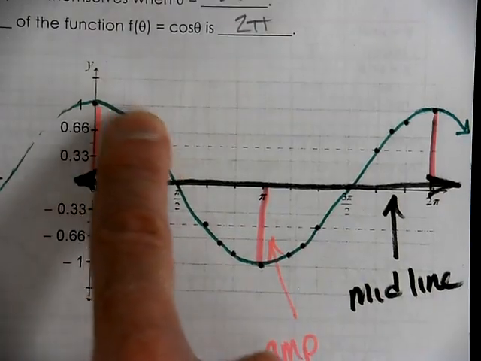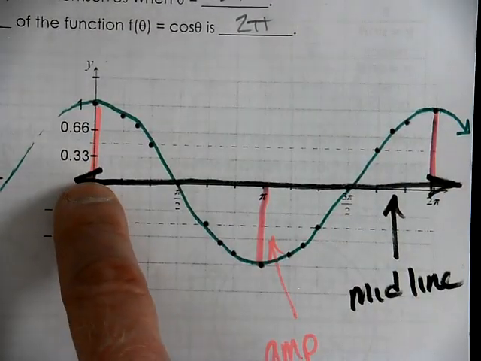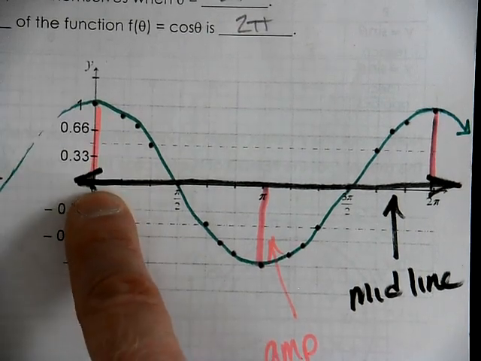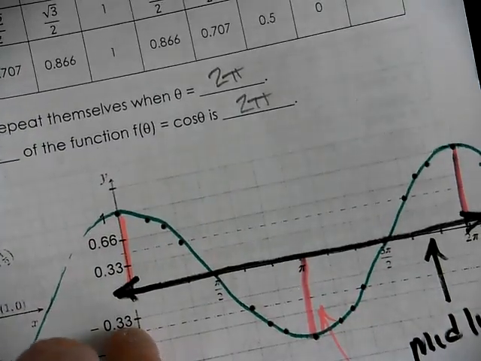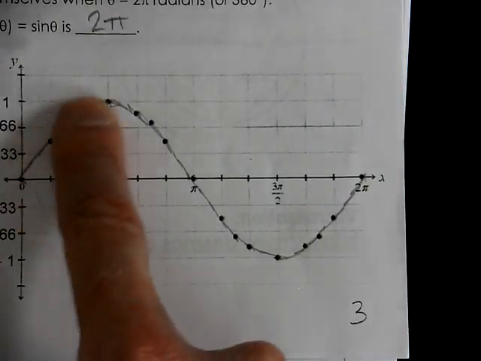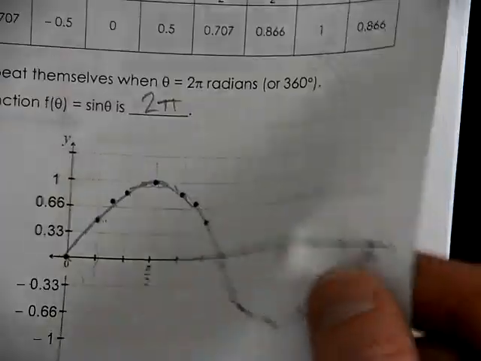Here is what the cosine graph looks like. It's starting off at the top, and then our sine graph starts on the midline and finishes on the midline.